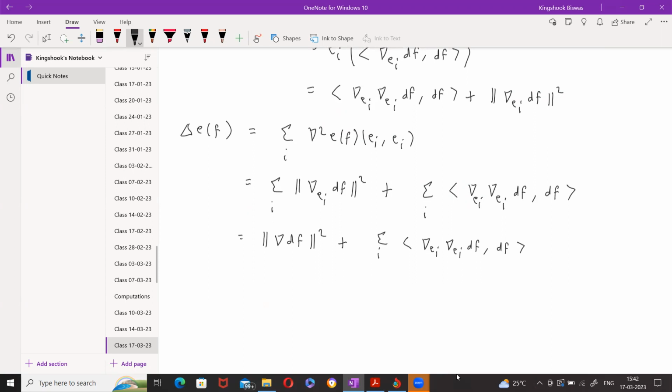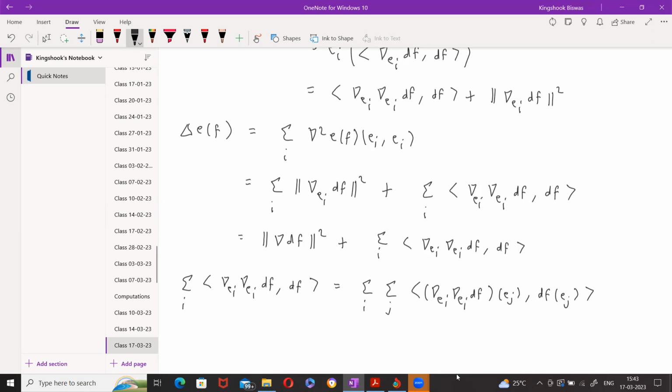Okay, so I'm just going to look at this term now. I have this sum over i of the inner product of nabla e_i df with nabla e_i df. Now this is an inner product between two linear maps, so that is the same as the sum over j of these linear maps acting on e_j, inner product with df e_j.